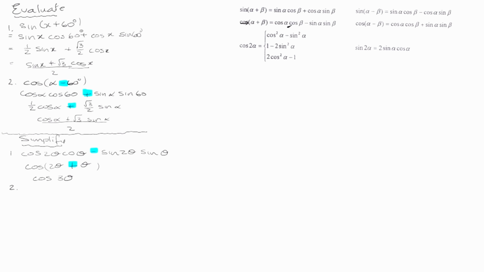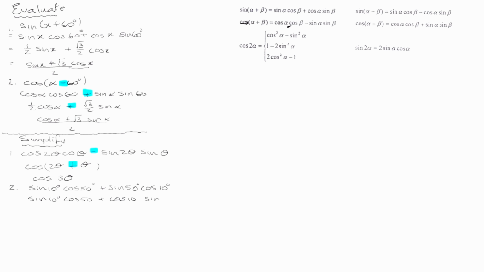Right, number 2 is going to be sine 10 cos 50 plus sine 50 cos 10. If you look at that, it's not in a very nice order, so I'm going to write sine 10 cos 50 and then I'm going to write the cos 10 and the sine 50.